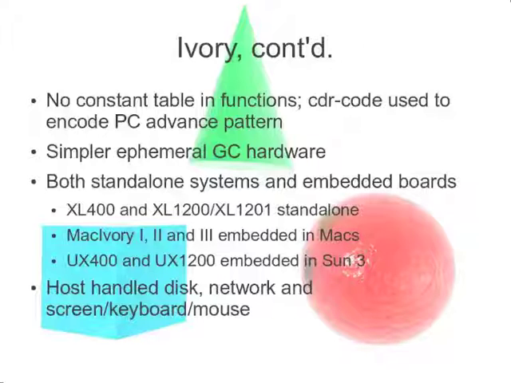So for the Ivory, instead of having a constant table, we said, okay, instructions have a tag that says I'm an instruction word. Anything else that's in the instruction stream means push me onto the stack. So if you wanted a constant on the stack, you just included it in the instruction stream. But that caused a slight problem because the constants were all full words and the instructions were all half words.